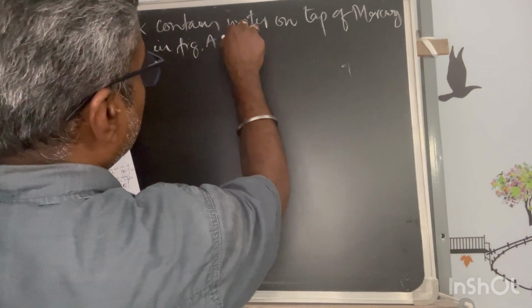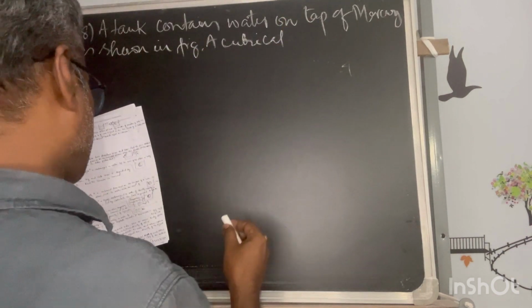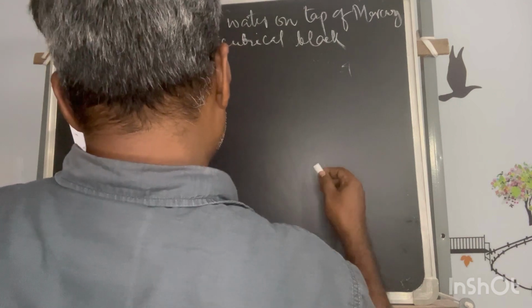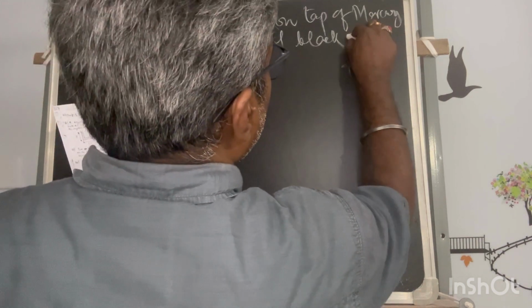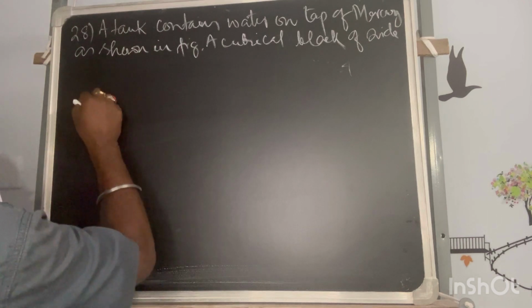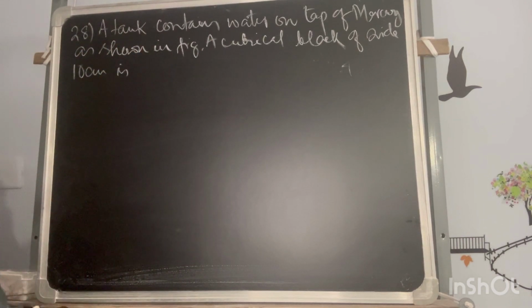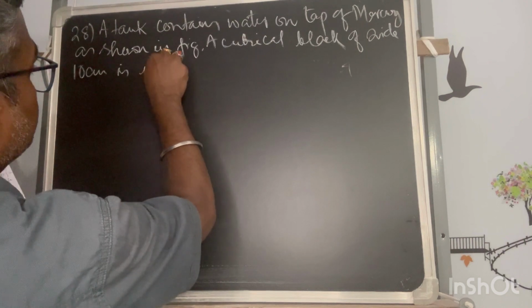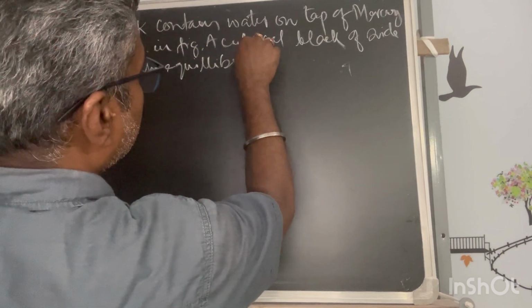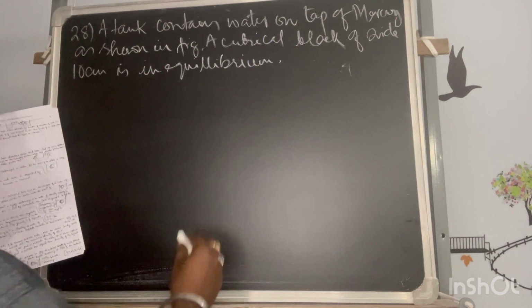A cubical block of side 10 centimeter is in equilibrium inside the tank.